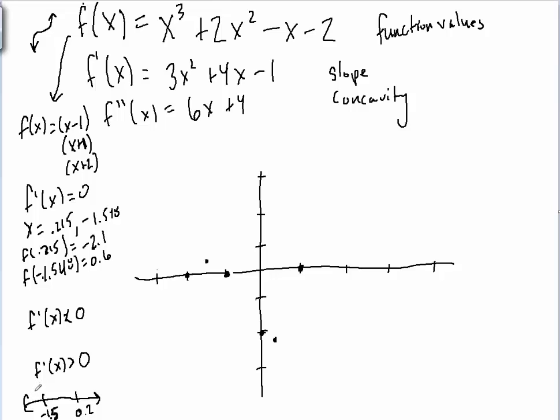x equals negative 3. And the derivative at that point is 14. And so in this interval from negative infinity to negative 1.5, the first derivative is greater than 0, which means the slope is positive, which means the function is increasing.